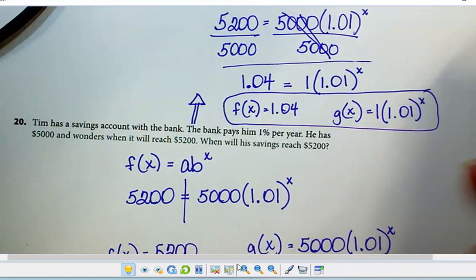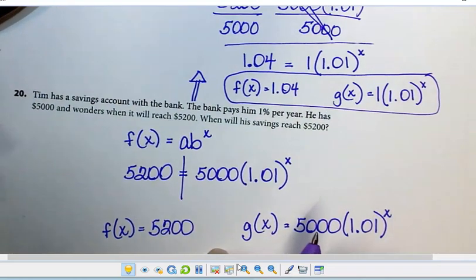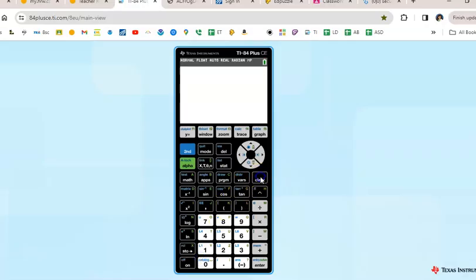Obviously, my window settings will have to be different on this one versus this one, but our x value when we do it should be the same. So let's go ahead and do both ways. We'll do the original way down here first. So go back to your calculator. Clear that. Go to your y equals. Clear all of that out.